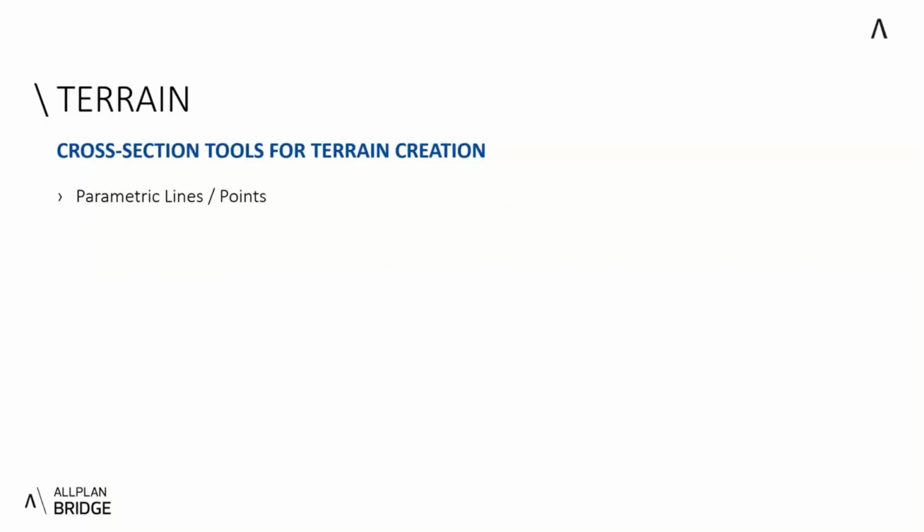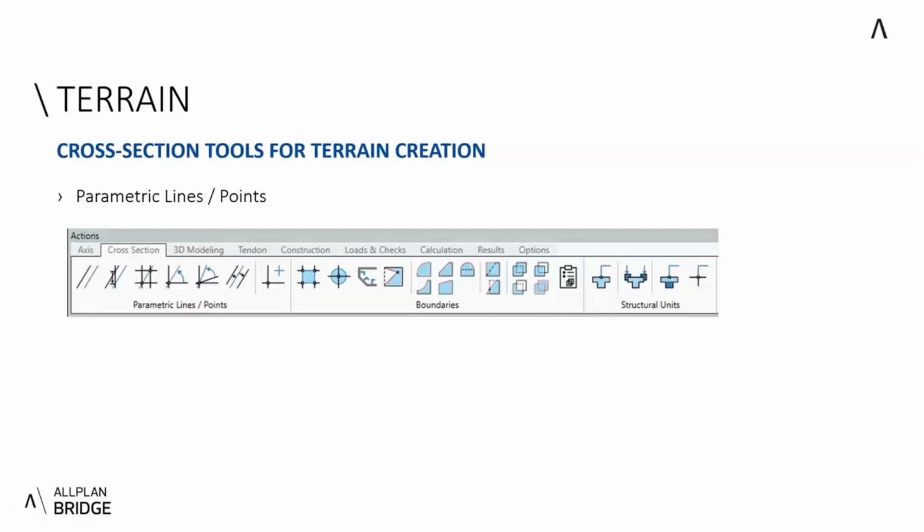So the basic functionalities we're going to use are cross-section functionalities, and these will be parametric lines and points that you already know. You might recognize this. This is the action bar for the cross-section creation. And on the left part, we have these most important tools that we're going to use to create our terrain model. So these are the parametric lines and points.